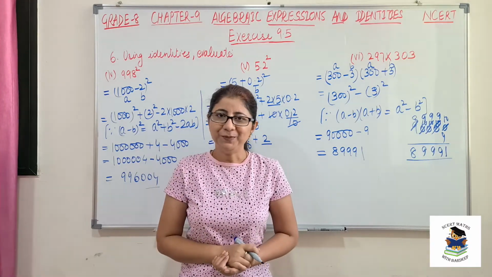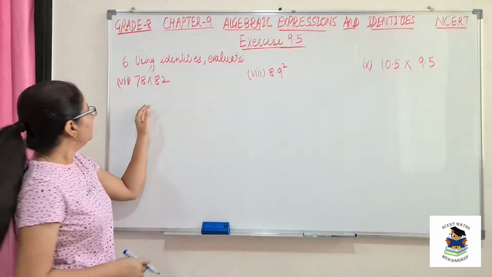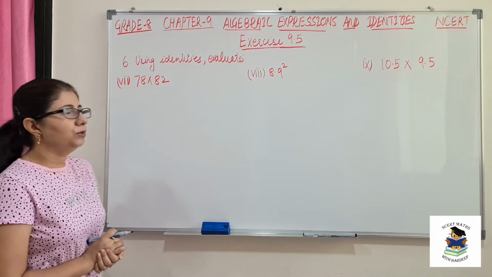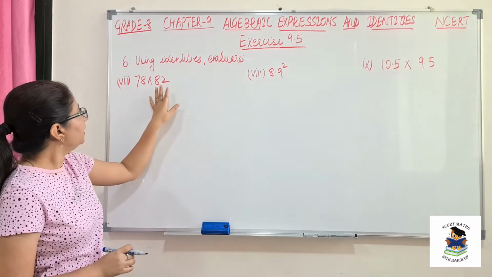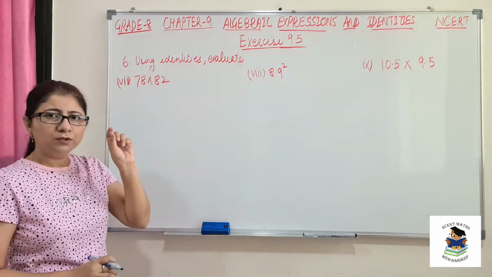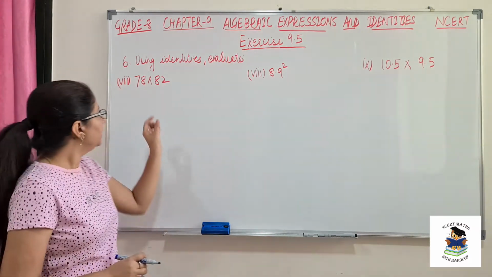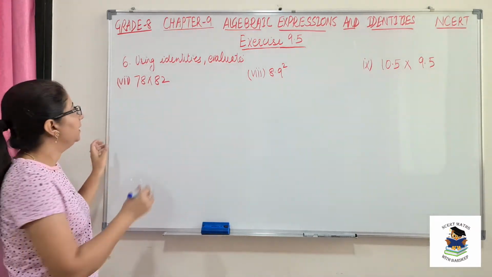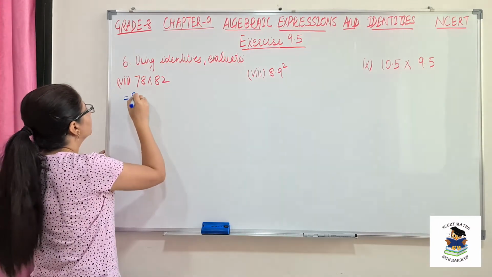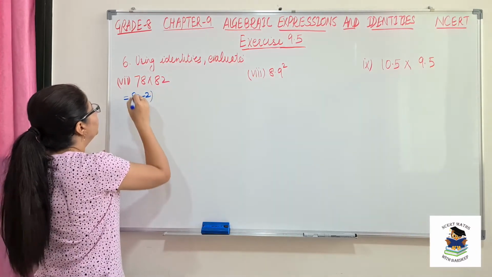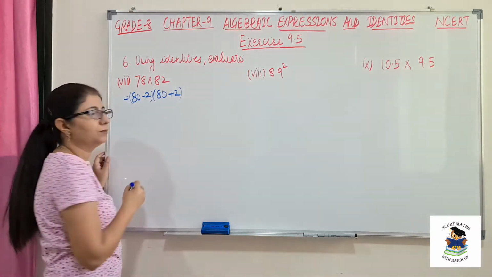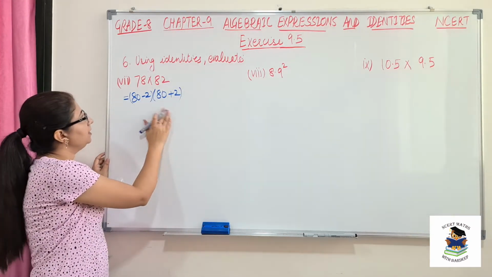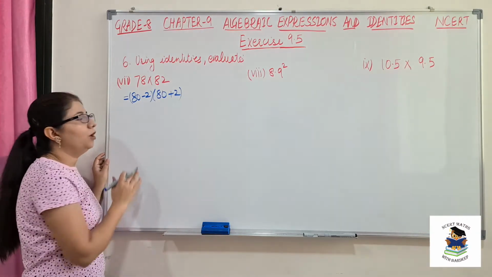Now let's move on to the remaining parts. So the 7th part is 78 into 82. As we did in the previous part, 78 and 82 are both near to 80. So we can write 78 as 80 minus 2. Okay. And 82 as 80 plus 2. Again we can see we have same numbers with opposite signs.